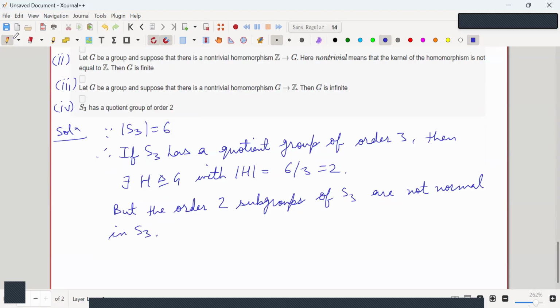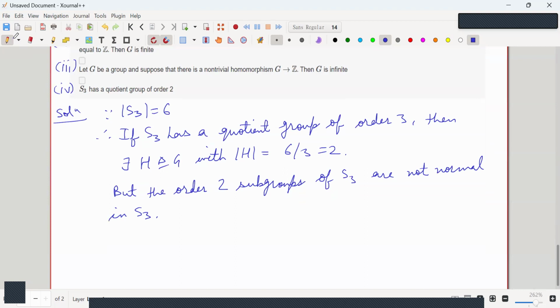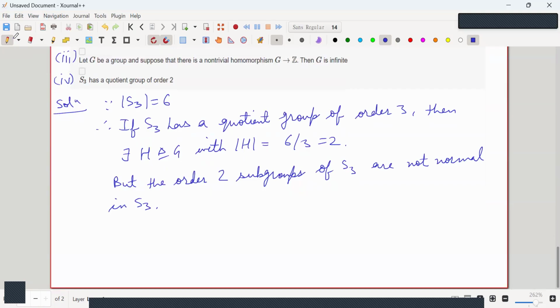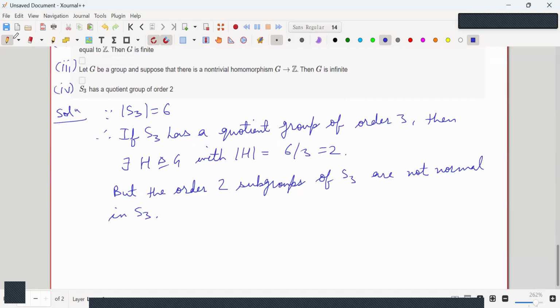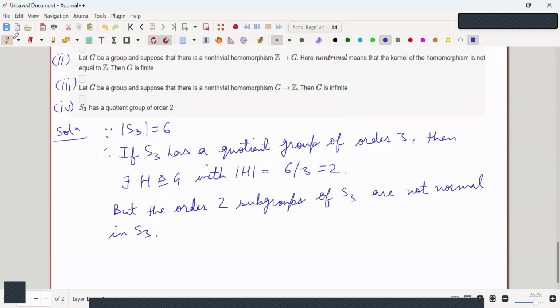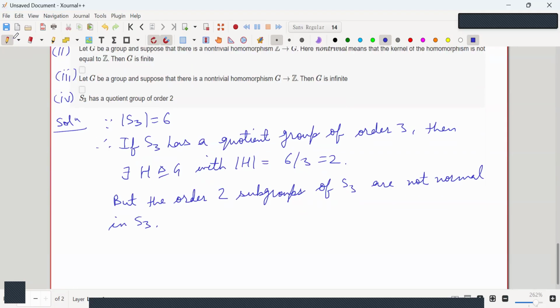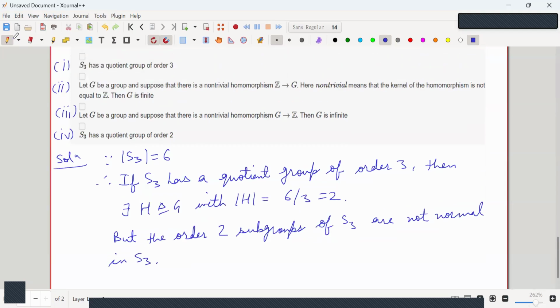Just the subgroups generated by an element of order 2, which are identity and (1 2), identity and (1 3), and the third one is identity and (2 3). And we have checked earlier that they are not closed under conjugation. So they are not normal subgroups of S3. Okay, the first one is not correct.